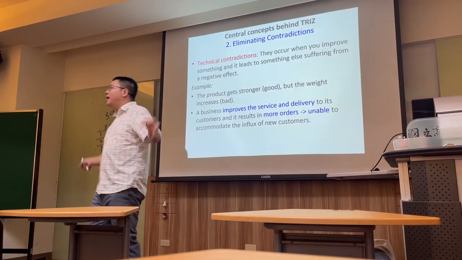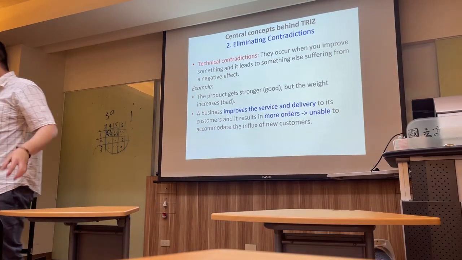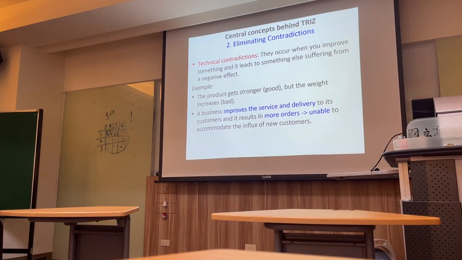But maybe you are unable to accommodate the influx of new customers. It means that when they make orders at the same time, it will lead to over-orders, so maybe you cannot handle them within a short time. So customers have to wait at home for so long.